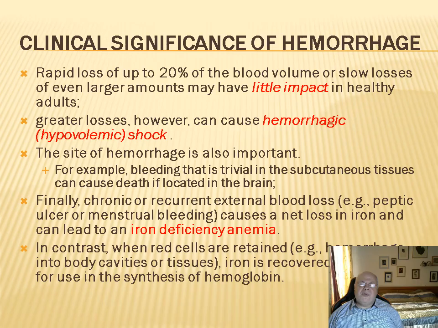When the loss of blood is of small quantity, less than 20% of the volume of the blood, it's of little impact, and it's possible to be regenerated quite rapidly, this loss of blood having no importance at all in healthy persons.